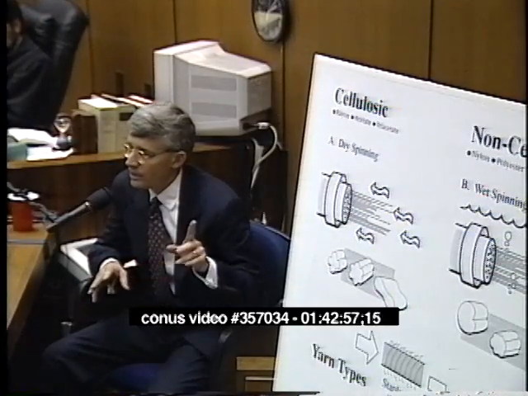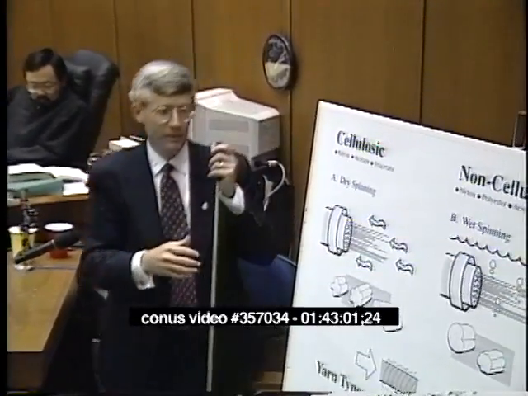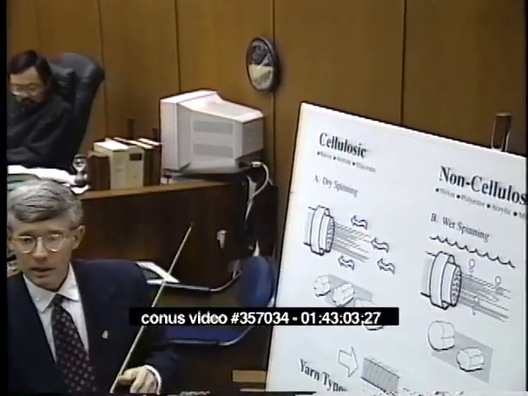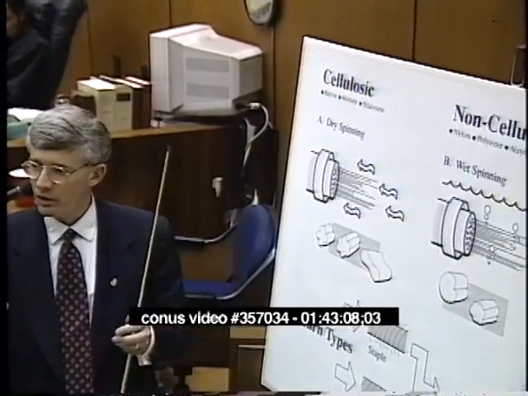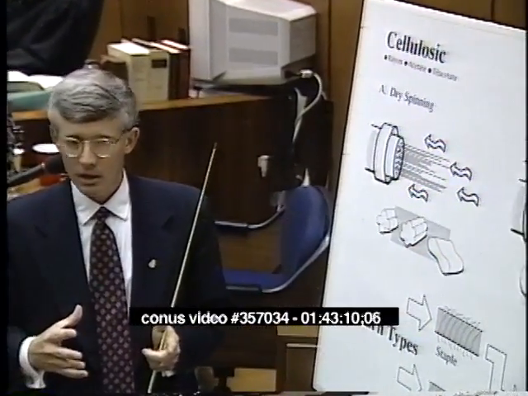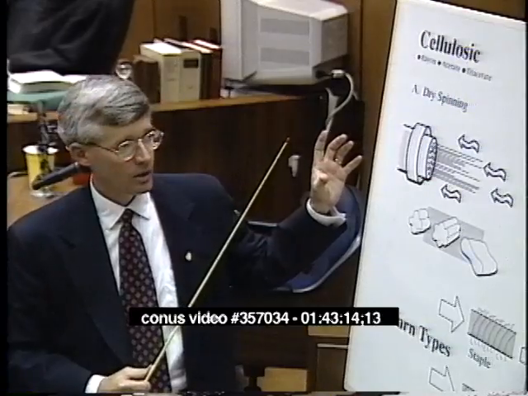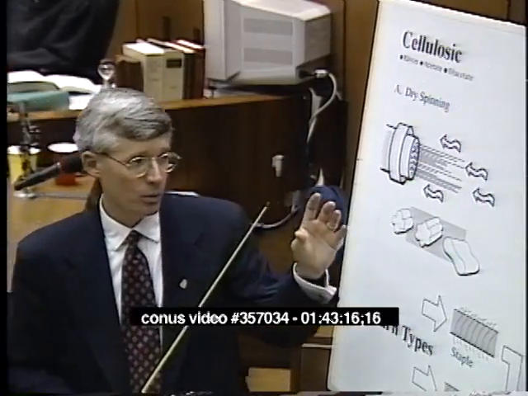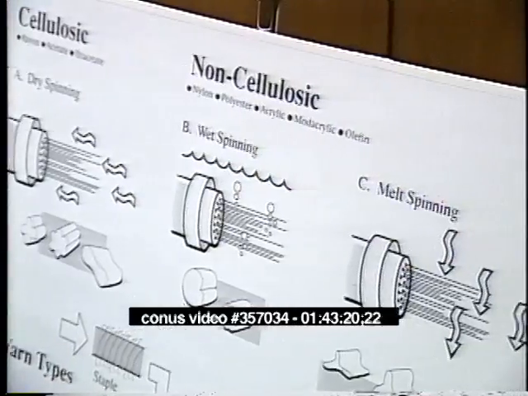Extruded? Well, if I can step down, I'll point that out. Please. Thank you. When man-made fibers are produced, they have to start with some beginning substance. Some start with a cellulose-based substance. Others start with other chemicals and perhaps even a plastic chip.